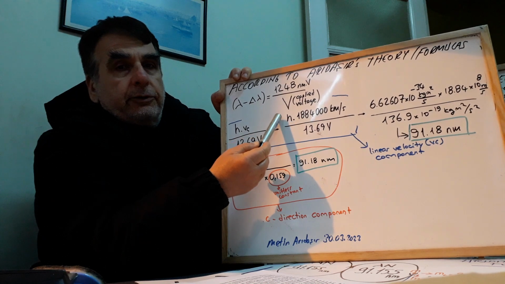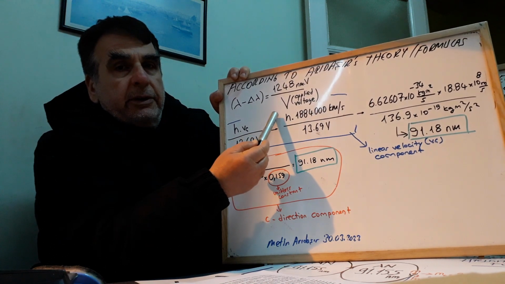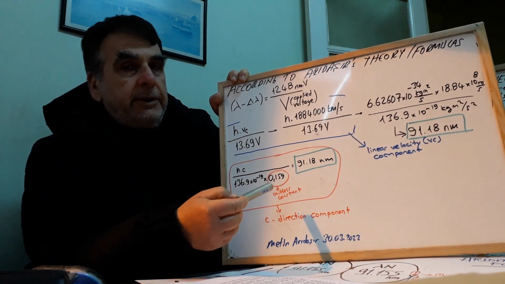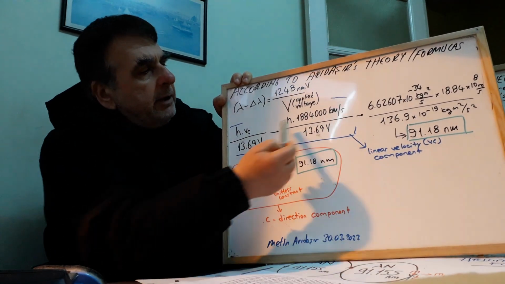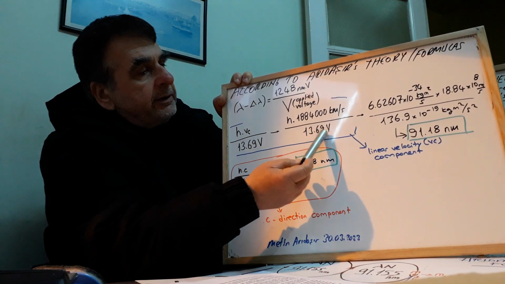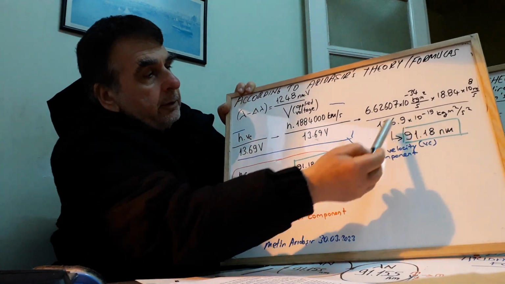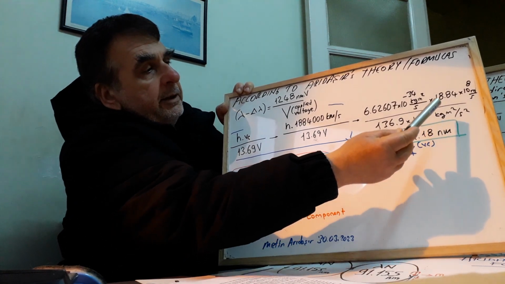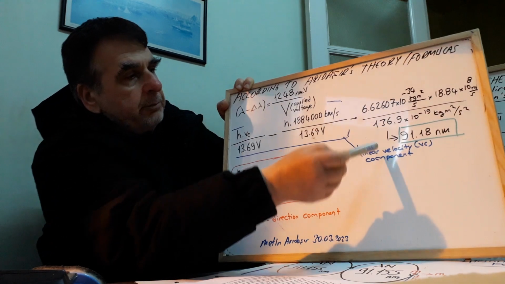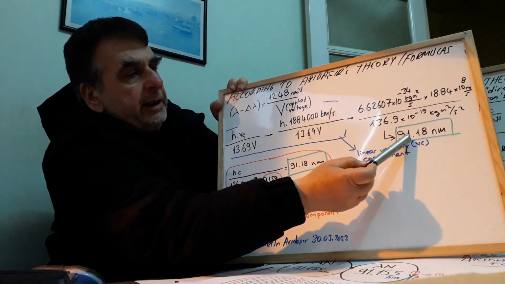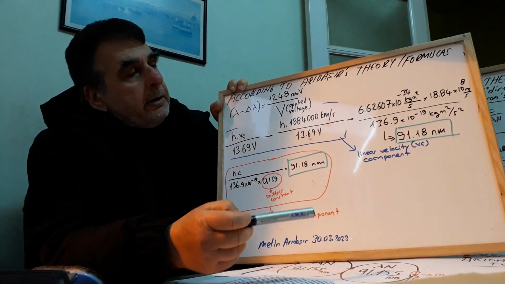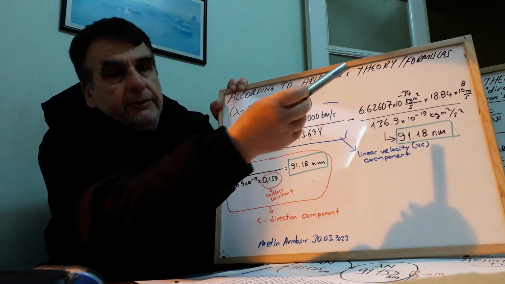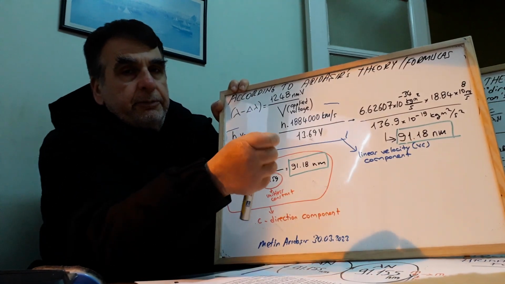Remember, according to me, Planck's constant is the angular momentum of electron motion form from my former videos, if you remember, then divided by 13.69 volt or 136.9 10 to the minus 19 joule, result is 91.18, say 91.155. It's not important, approximately.